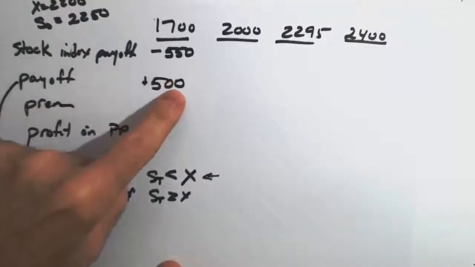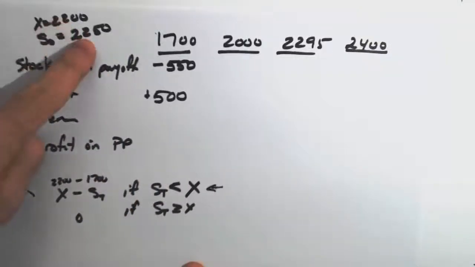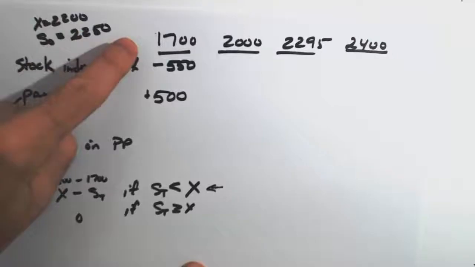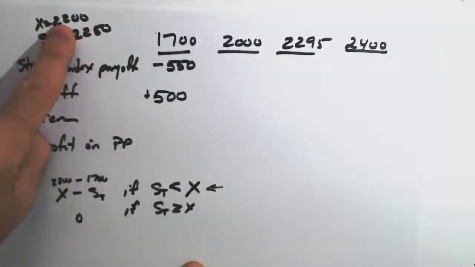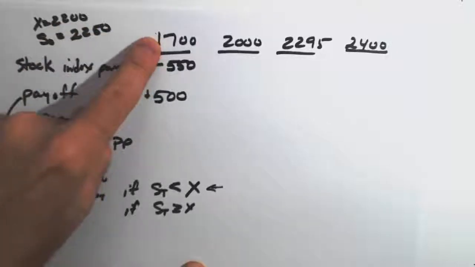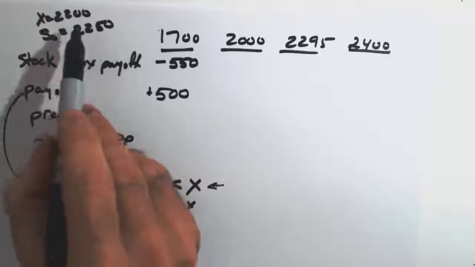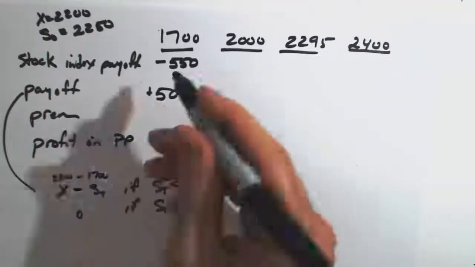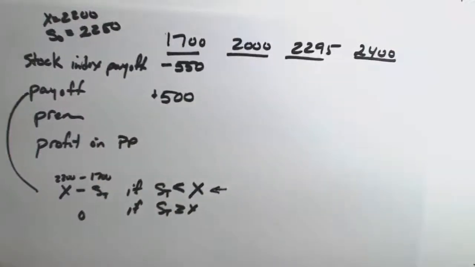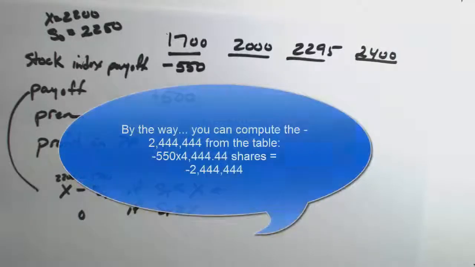Now, there's a difference of $50, and the reason is these options are out of the money by $50, and so you can see the market had to drop $50 before it got to at the money, and then it fell even further down to 1,700. So the fact that the stock and the strike are slightly off by $50 accounts for this difference, and it looks like we've under-hedged, but let's continue with the story here.